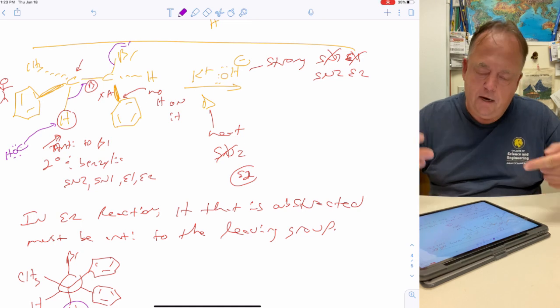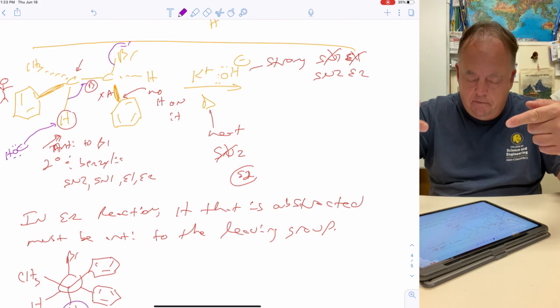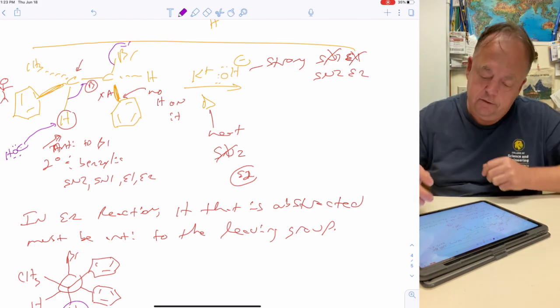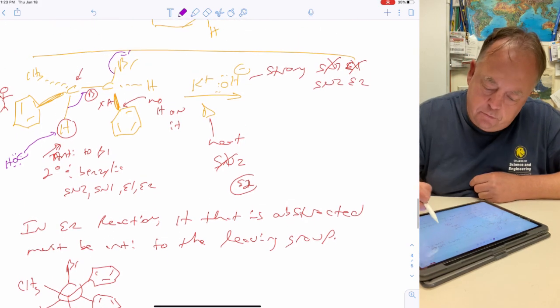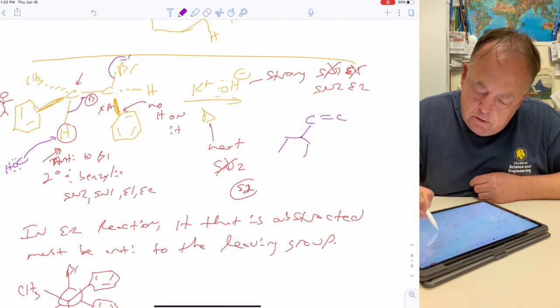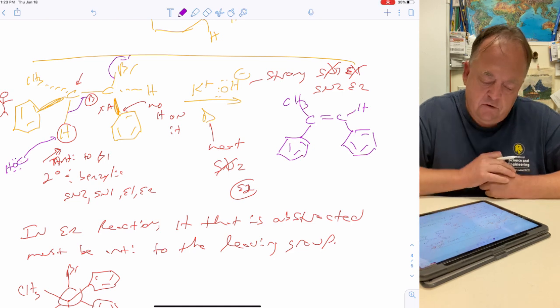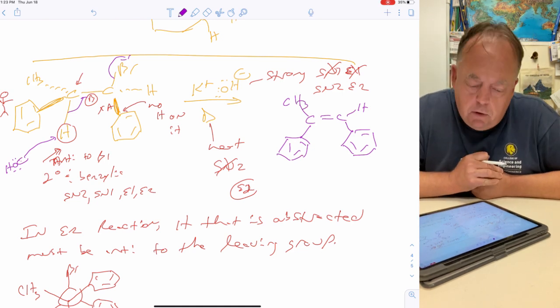And the methyl group and the hydrogen are in back from my perspective, so they both have to end up back. So the product that you make would have to be that, right? That's the only place to put the double bond.